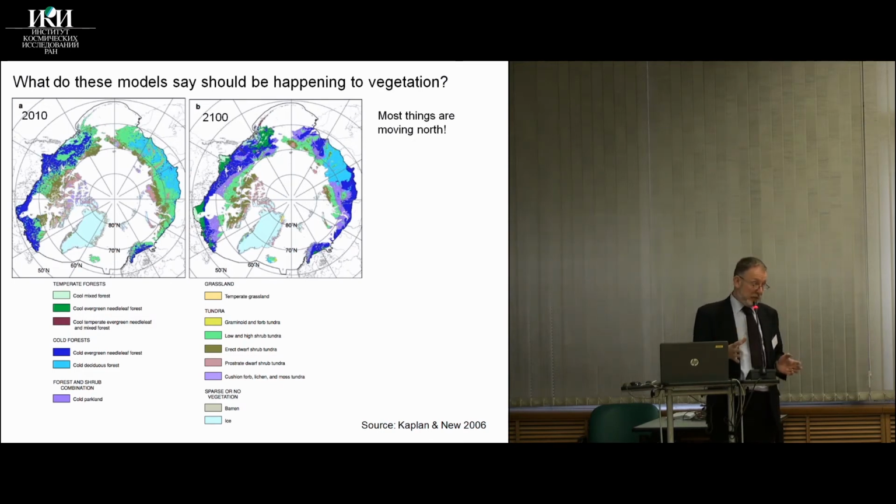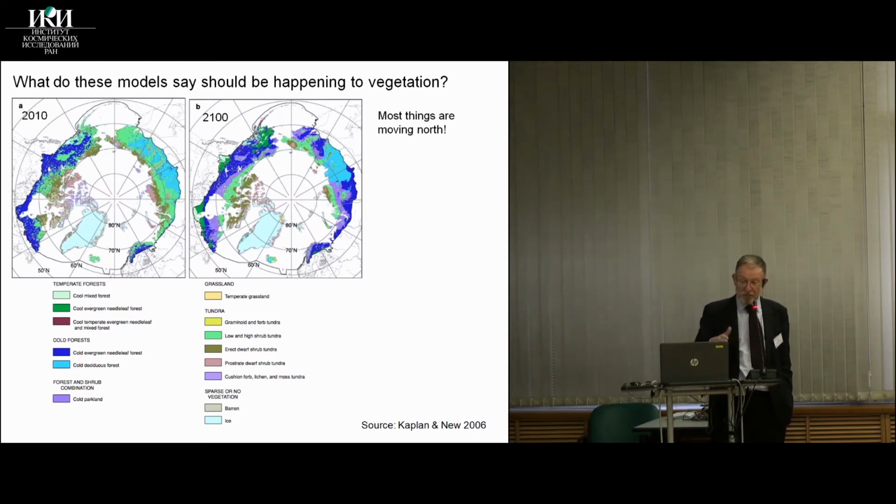But if we put together the information on what we expect to change in the climate with the most sophisticated models that we currently have about what vegetation should grow where in response to climate, we expect a northward shift of vegetation. This is not the most recent of the dynamic vegetation models, but it's typical of the kind of model that we expect to see.